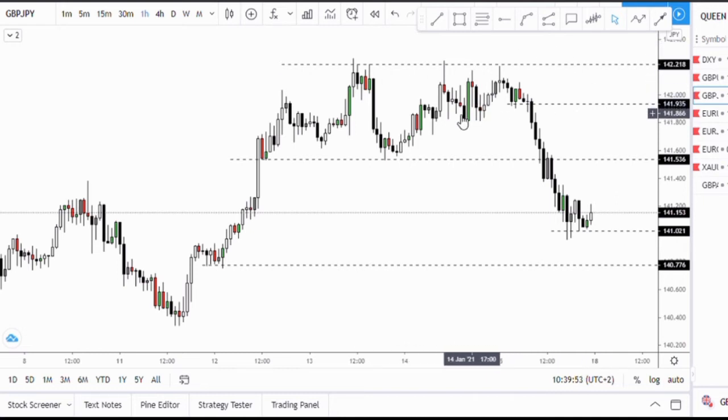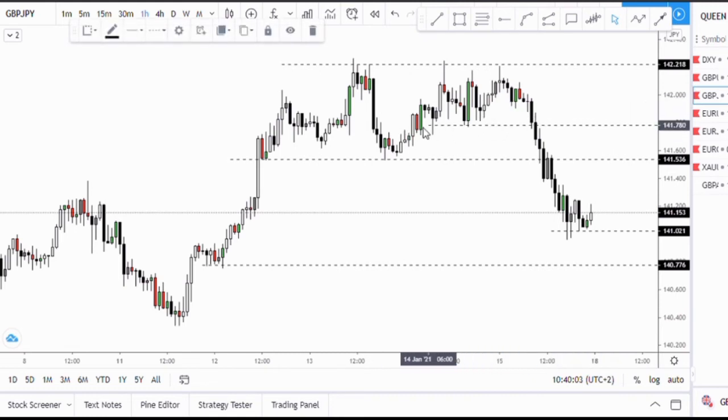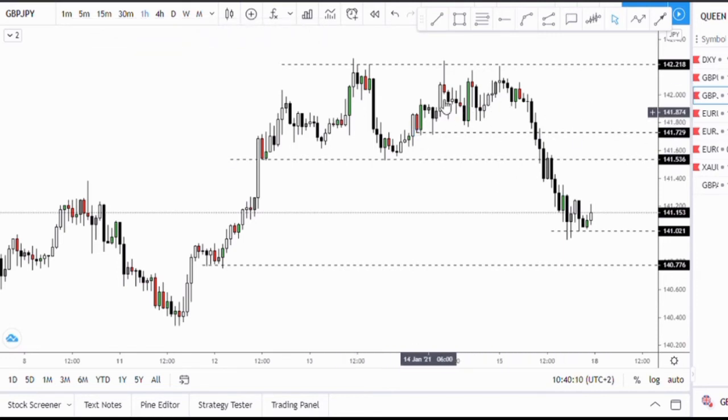This whole area is very valuable right here, because if price was to come all the way up and hit this area, if I put my support right here, if price was to come back into this area, do you see this market structure? It's not clean traffic. This is a very unclean range.